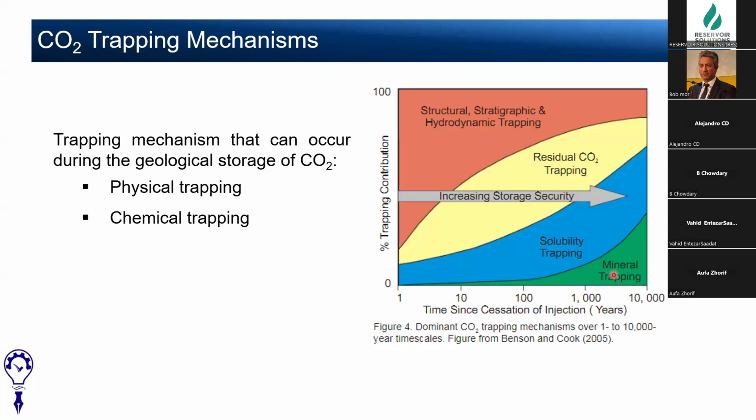So these are the main trapping mechanisms that can prevent CO2 from migrating somewhere else, and that can permanently store CO2 underground in depleted oil and gas reservoirs or saline aquifers.